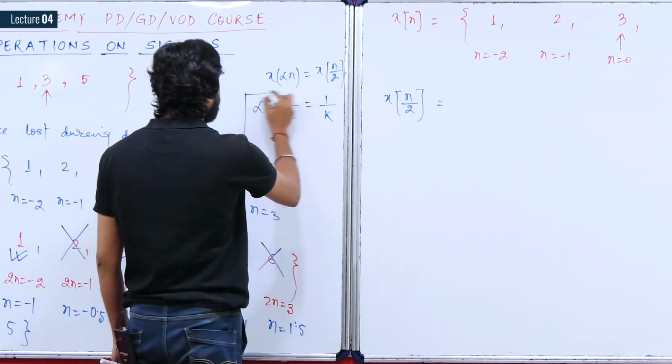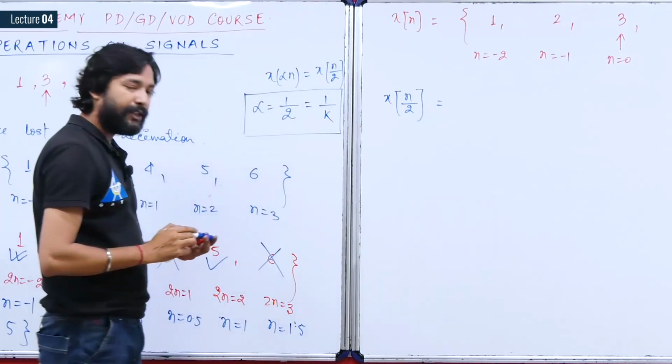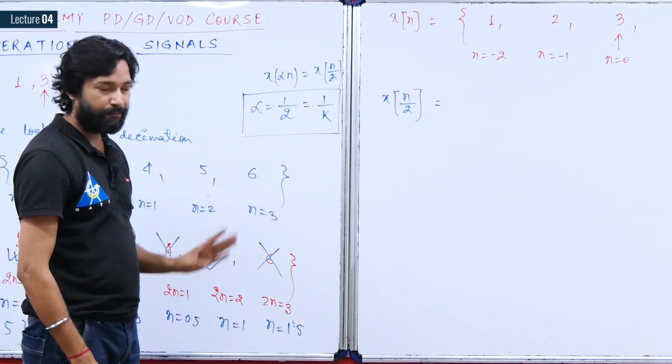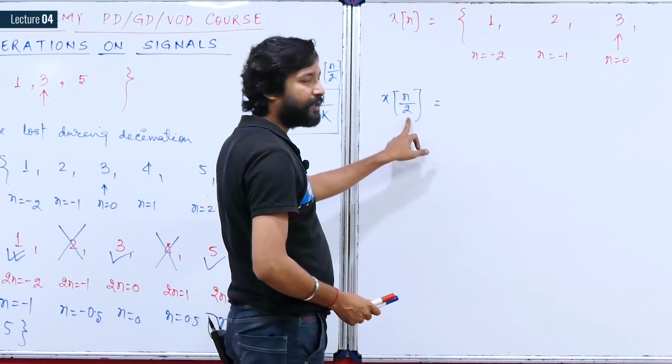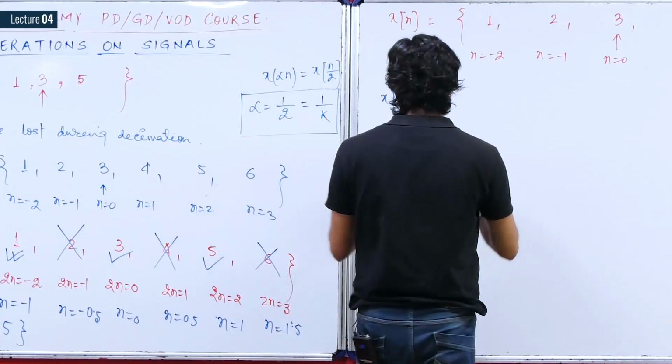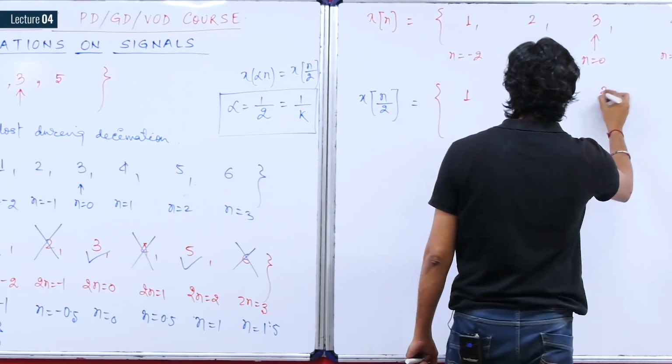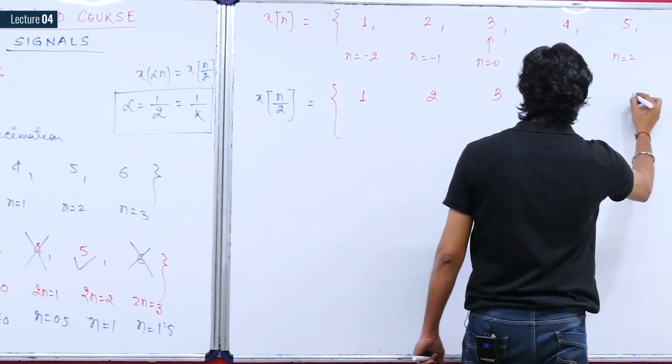In general, if the scaling factor is less than 1, then you will be having this scaling factor alpha to be of the form 1 by k. So now if you have to plot x of n by 2, then you just have to write down all the values. They will remain the same: 1, 2, 3, 4, 5 and 6.